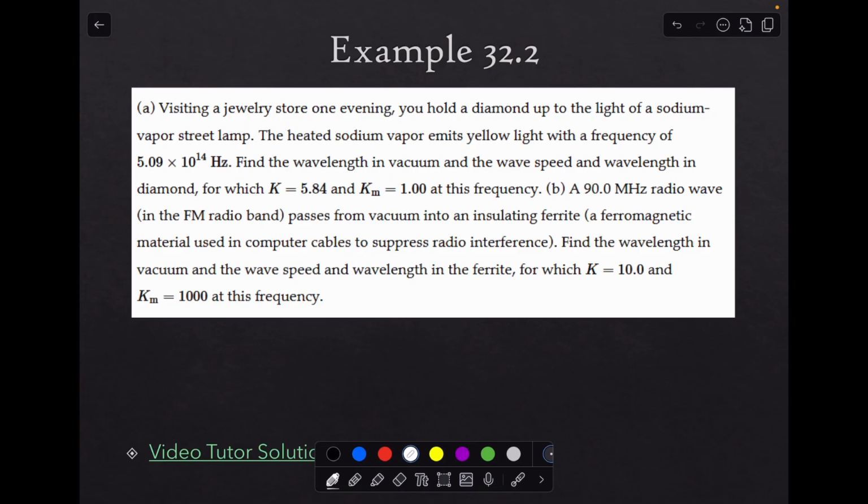And what is the speed of that wave and its wavelength in a different material like diamond?